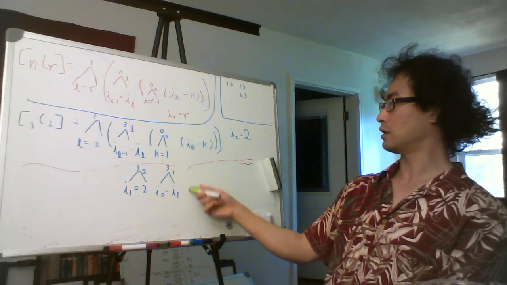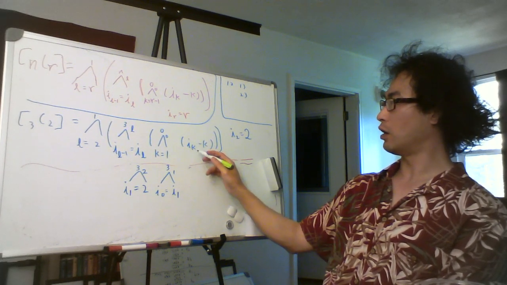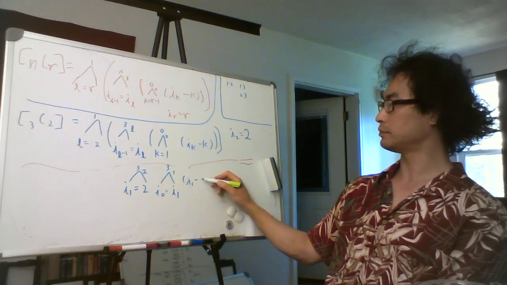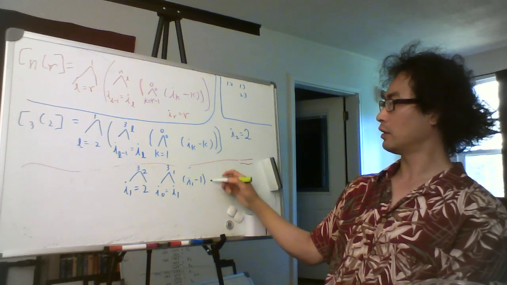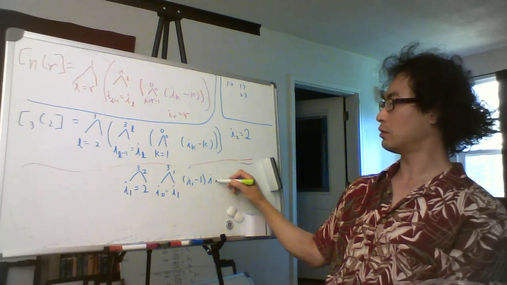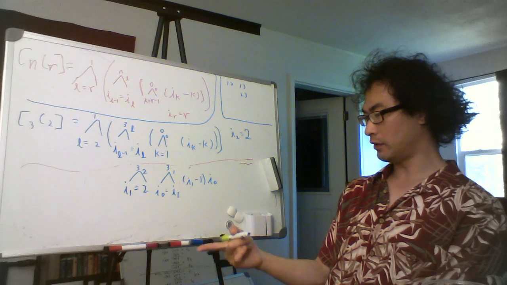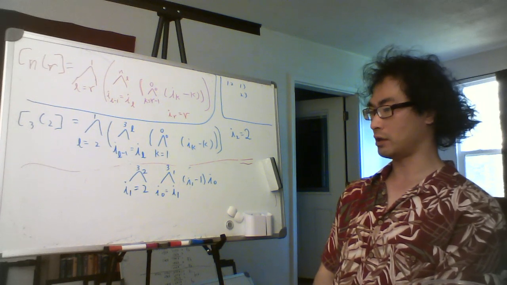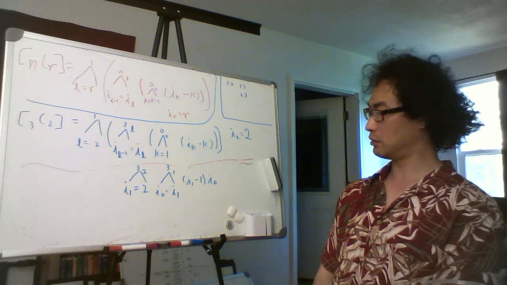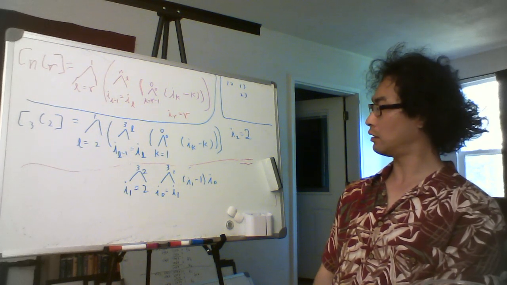We can expand this guy. K is 1, I1 minus 1. When K is 0, I0. So we are kind of retrieving that, so we are making good progress here.